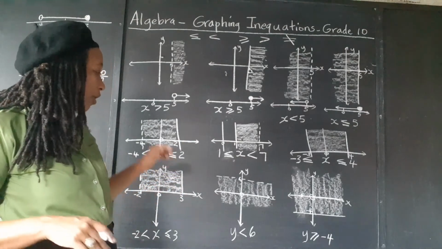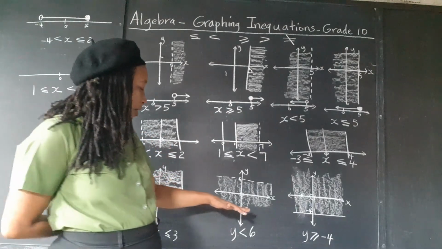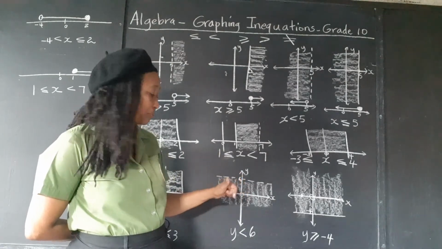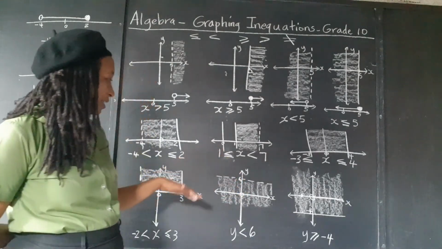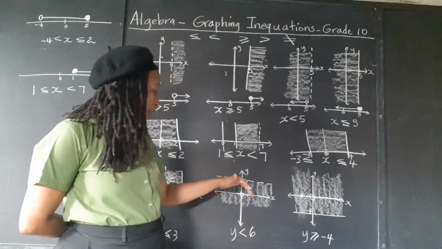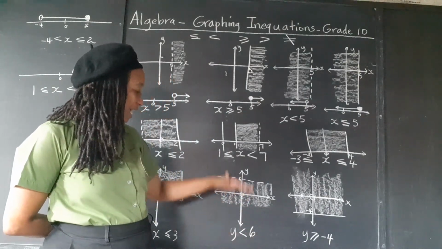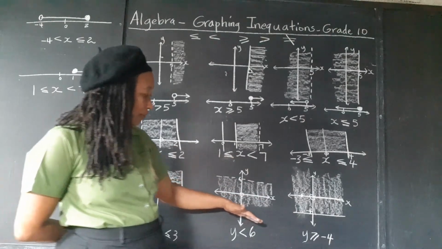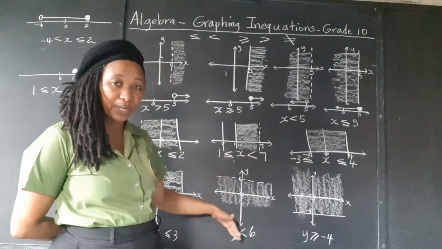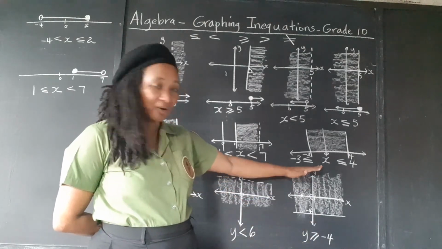And remember, for the y's, find where that number is on the y-axis, not on the x-axis, right? So look whether it's x or y, that's important. On the y-axis, if it's less than, you shade down, greater than, you shade above the line. Less than below, greater than above the line.